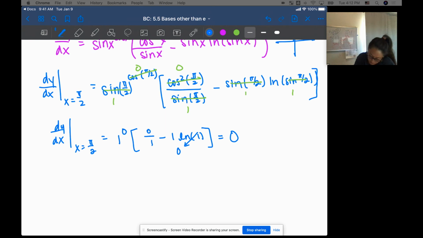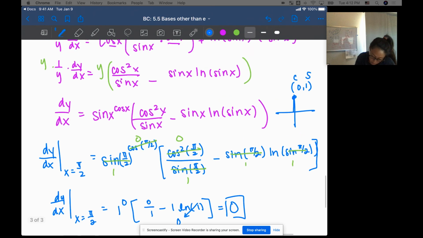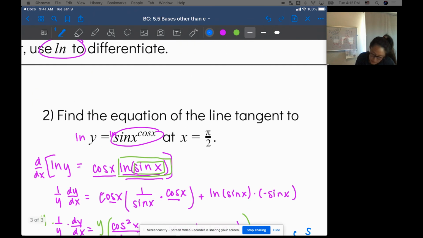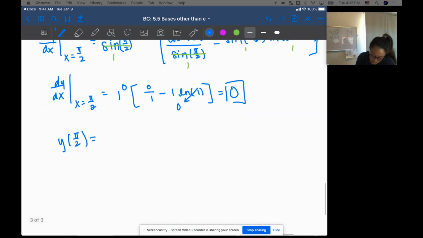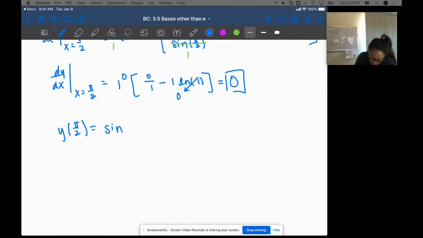That was super anticlimactic. Okay, anyway, the last thing we need to do is find the point. So I'm going to evaluate y of pi over 2, and y is sine x to the cosine x, which is sine of pi over 2 to the cosine of pi over 2.